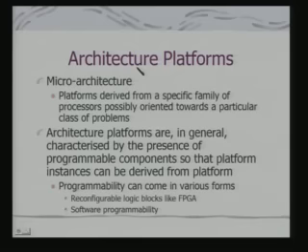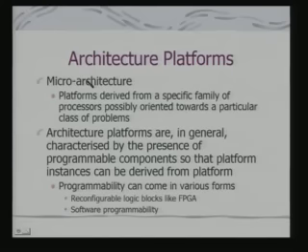In fact, architecture platforms typically are micro architecture based. What we say is that platforms derive from a specific family of processors, possibly oriented towards a particular class of problems. The platforms which provide the basic hardware architecture are typically built around some processor family.